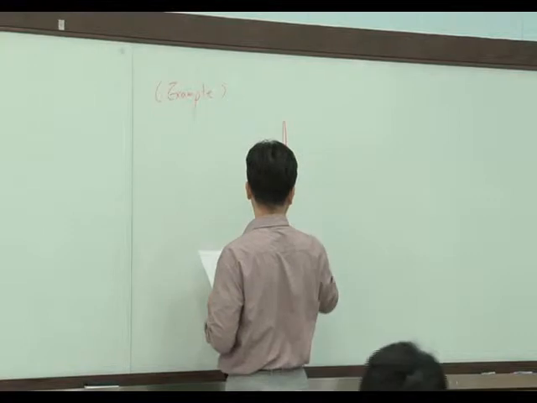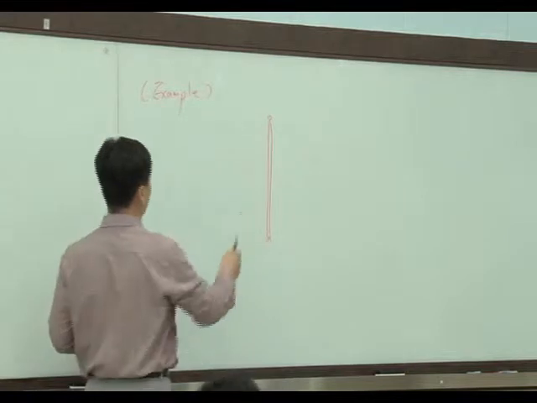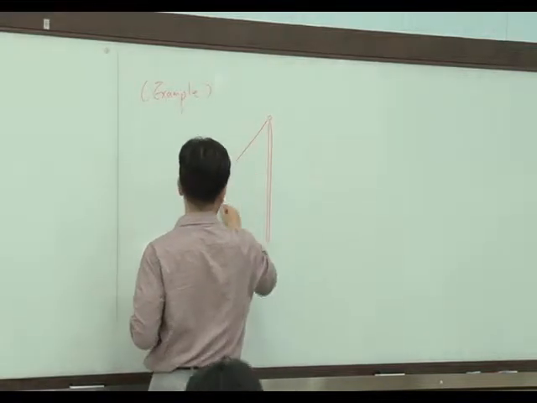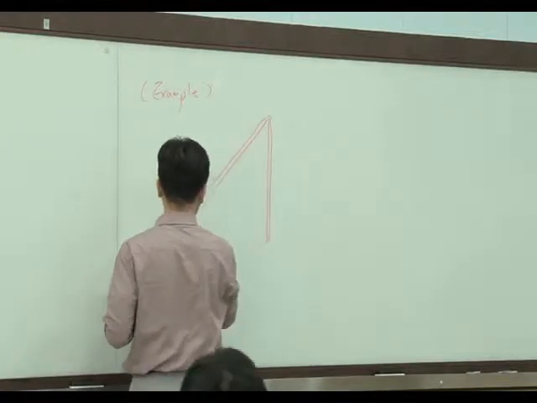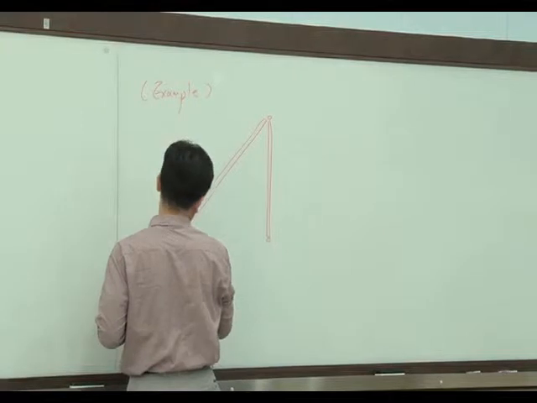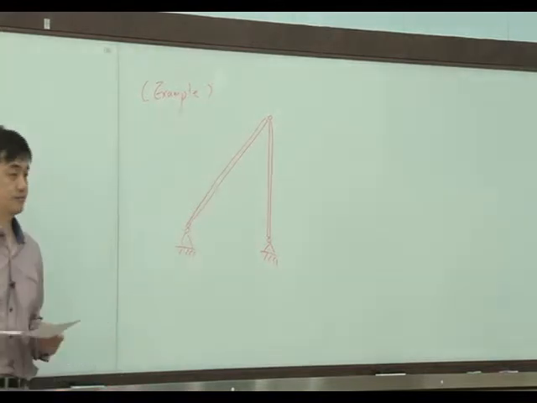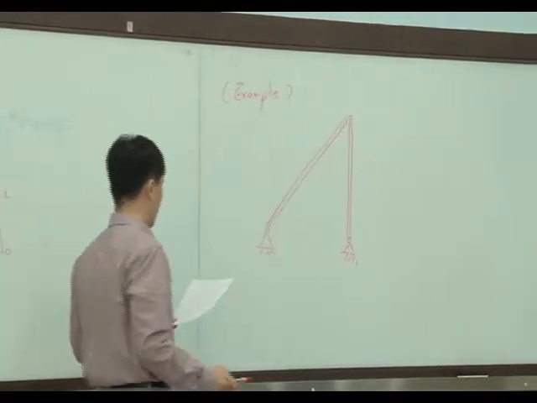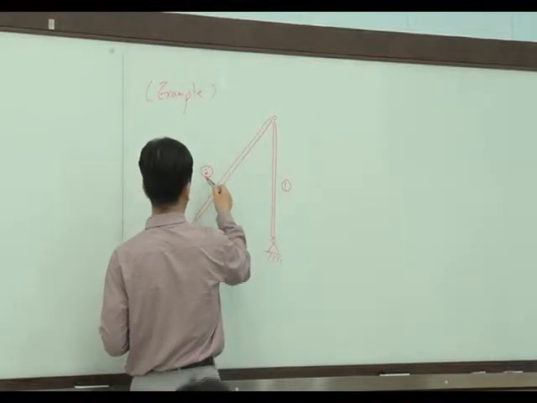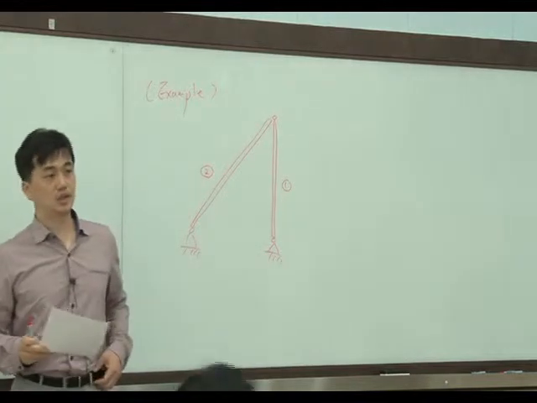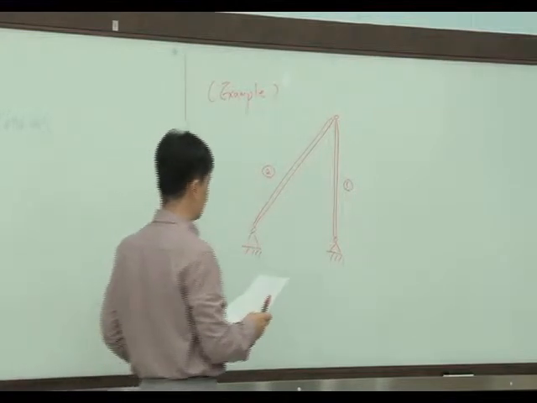Here we have a vertical bar, and a tilted bar here, and a hinge connection. So we have two bars. Let's say this bar is member 1, and this is member 2. So this is truly a truss structure which consists of two bars, right?